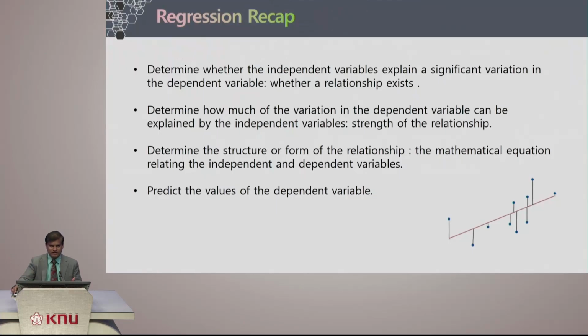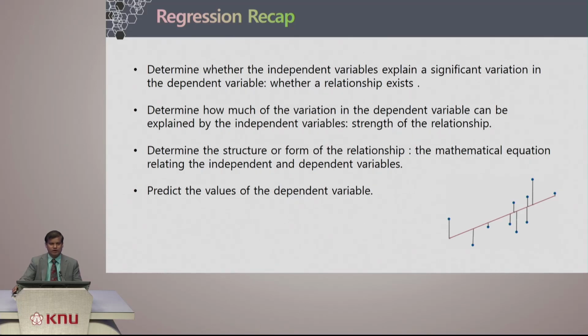So let's go directly into this regression model. We will just recap what we have seen so far. We know that basic classification or regression works in simple ways. We determine whether the independent variable explains a significant variation in the dependent variable. In other words, whether a relationship exists. If there is no relationship, in other words, if there is no correlation between these two variables, then it's not easy for us to come up with the regression model.